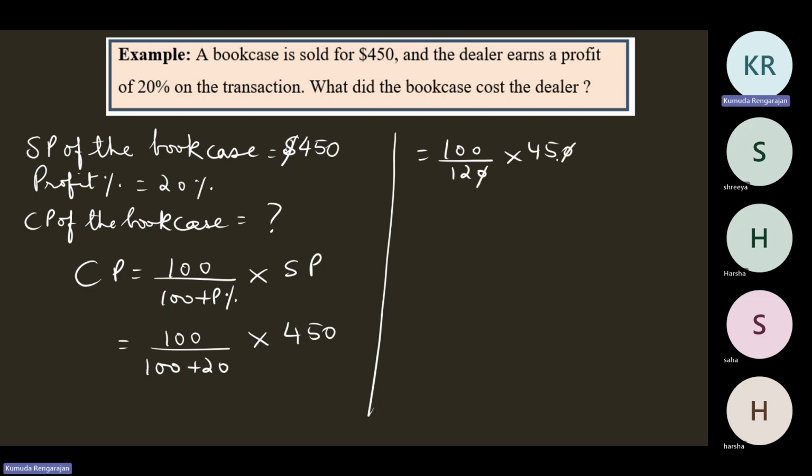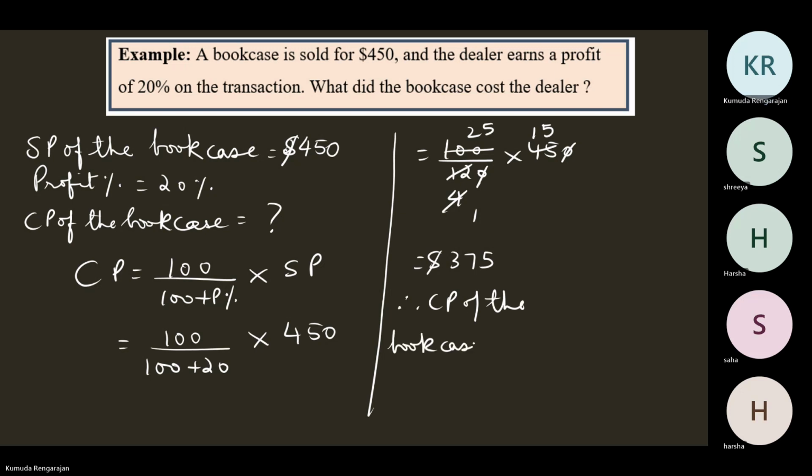So 3 fours are 12, 15 times 25 is 375. $375. Therefore, CP of the bookcase is equal to $375.